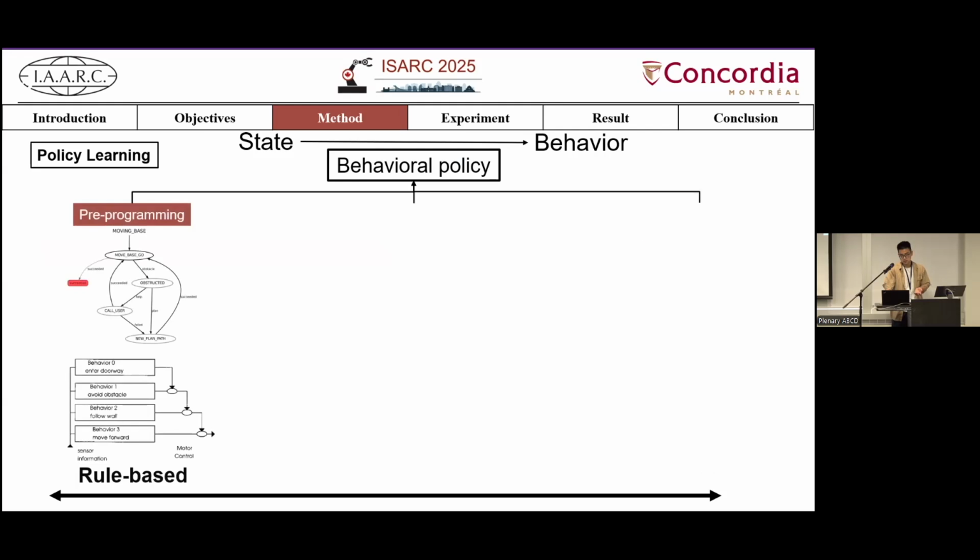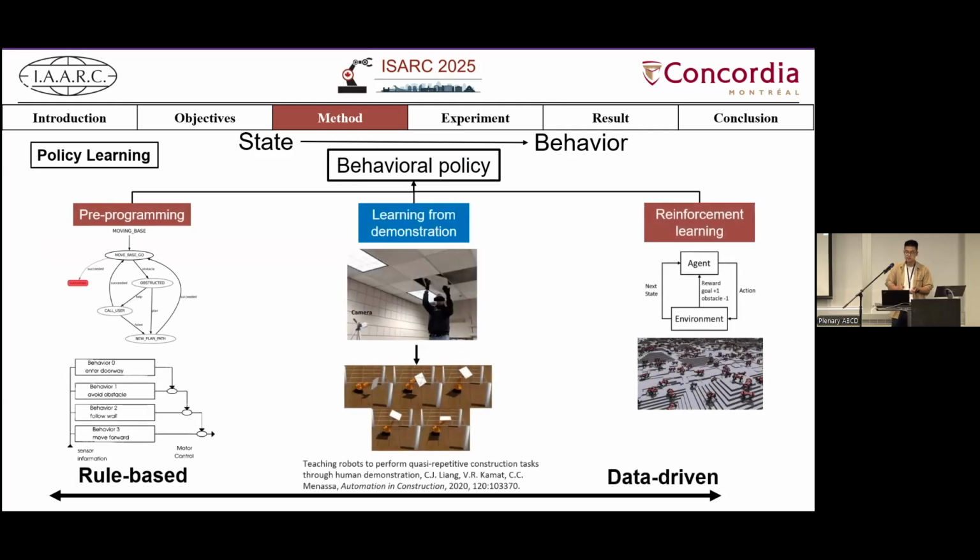And after the robot perceives the environment, it needs a behavioral policy to decide what action to take under this situation. So nowadays, there are three main kinds of methods. There are programming method, reinforcement learning method, and learning from demonstration.